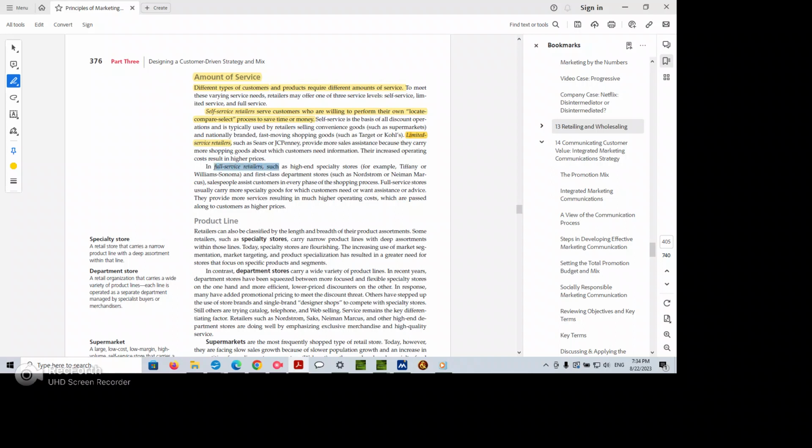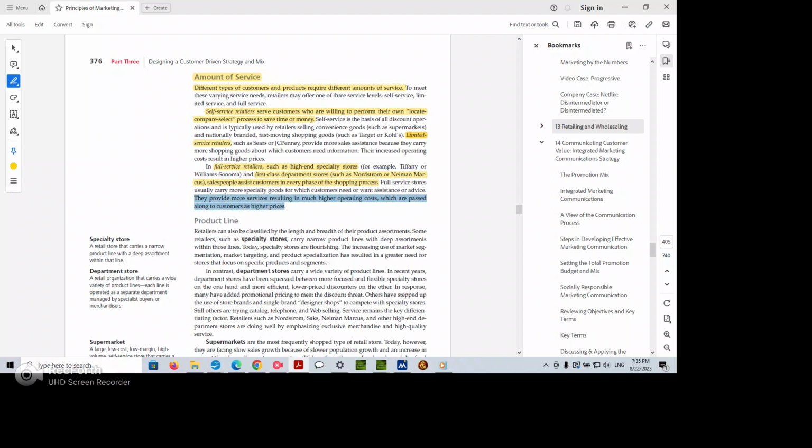Now, in a full service retailer, which is high-end retail specialty stores, Tiffany or Williams Sonoma, first-class department stores such as Nordstrom or Neiman Marcus, salespeople assist customers in every phase of their shopping process. Okay. First, full-service stores usually carry more specialty goods for which customers need or want assistance or advice.